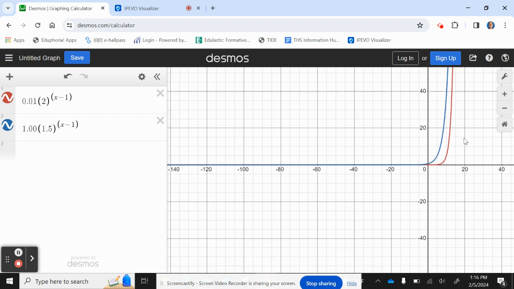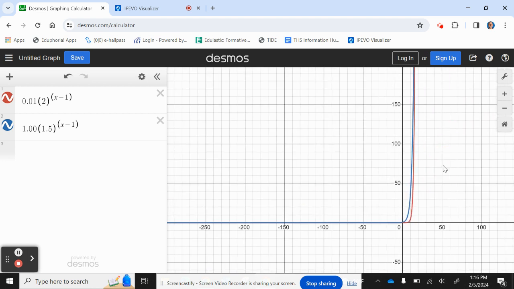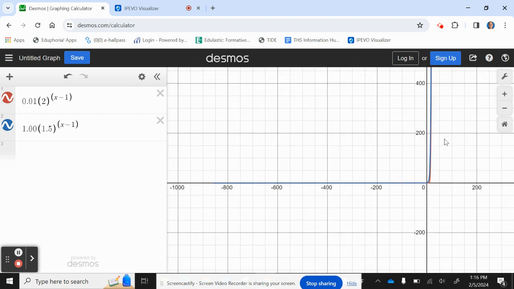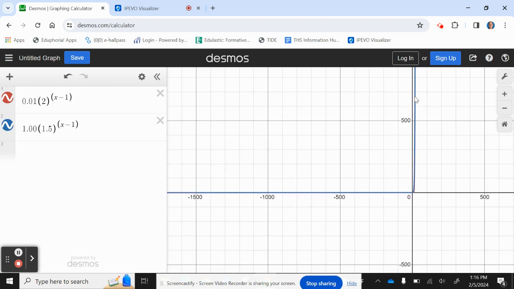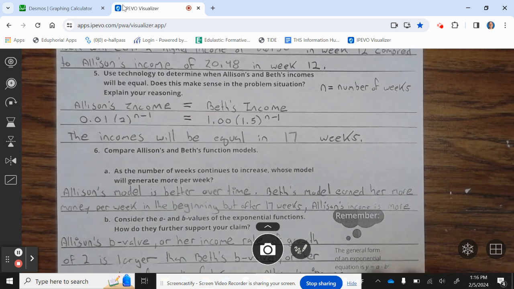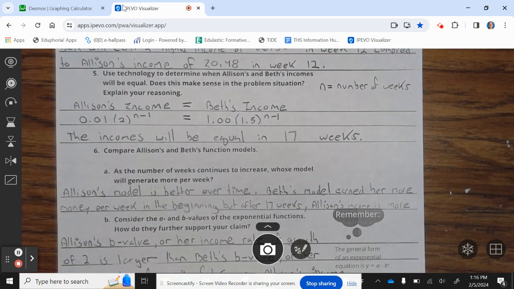Now you're going to have to zoom out quite a bit, and there's your point of intersection, which let's round to a whole number of 17. So the incomes will be equal in 17 weeks.